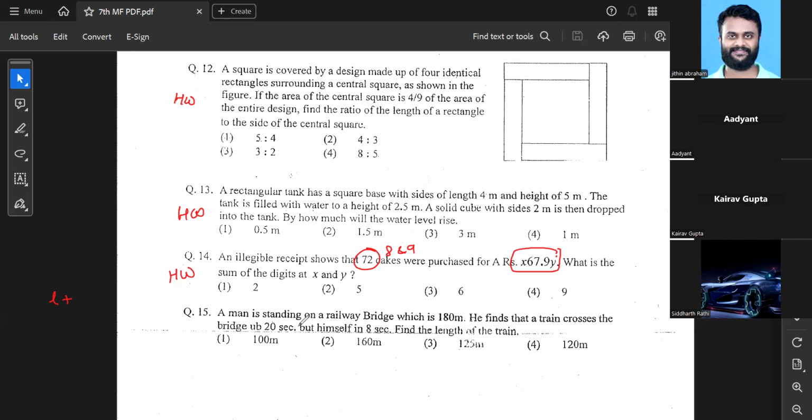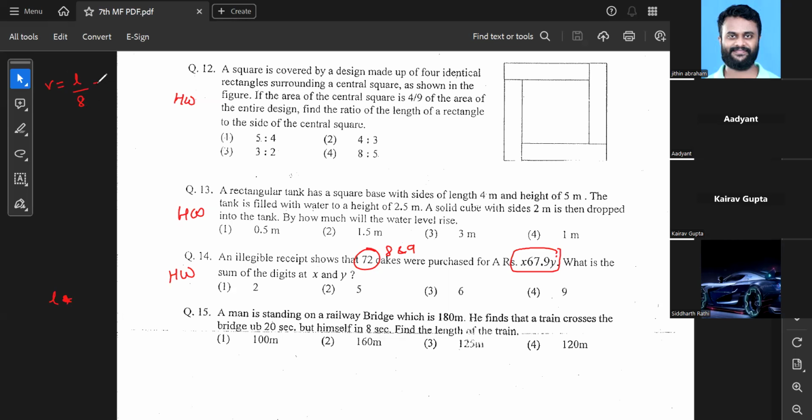Let me consider the length of the train as L. When the train is passing the man, the speed, I'll use V as the symbol for speed, is equal to L by 8, distance upon time.